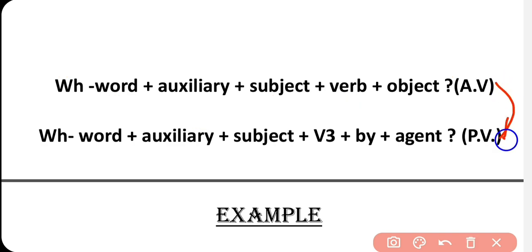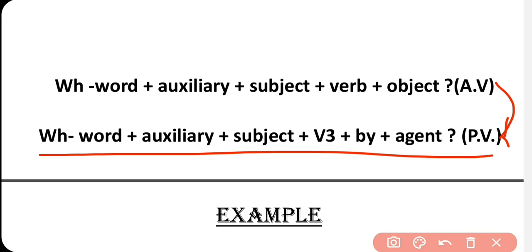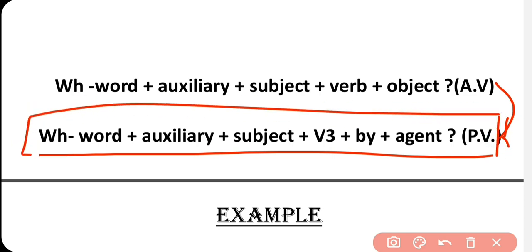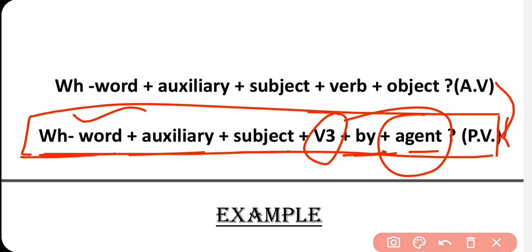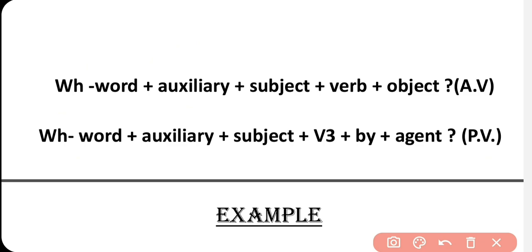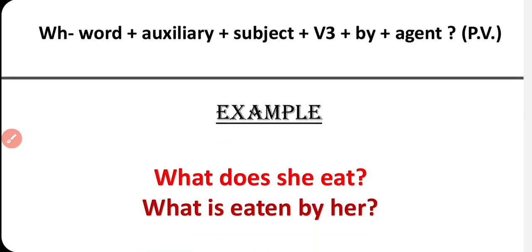And what will be the passive form of this interrogative sentence, that is, WH questions? At first you have to place the WH word, then the auxiliary verb, then the subject, then the third form of the verb, that is the past participle of the verb, plus by plus agent, that is the subject of the interrogative sentence in the active voice. So here you can look at the example.